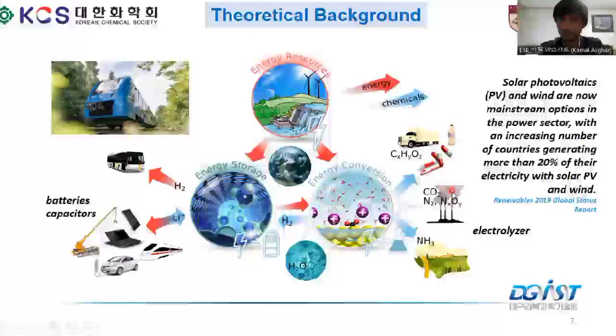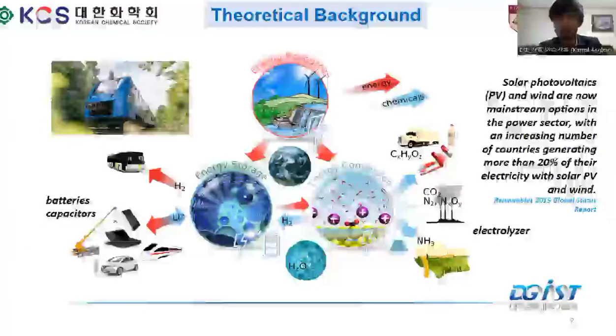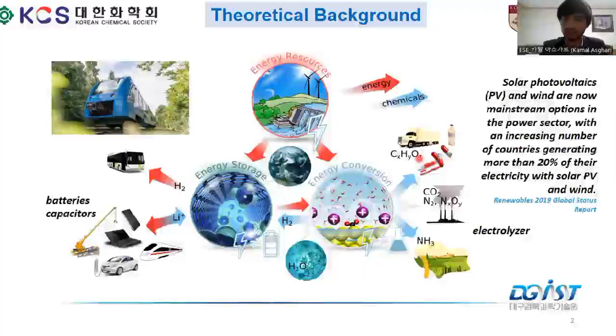So reduction of these species is very crucial. Nitrogen containing species are being reduced into ammonia, which is used as fertilizer and for other industrial purposes, while carbon dioxide is reduced into fuels, chemicals, and some pharmaceutical medicines. So we can see there is an artificial carbon cycle in the energy system.